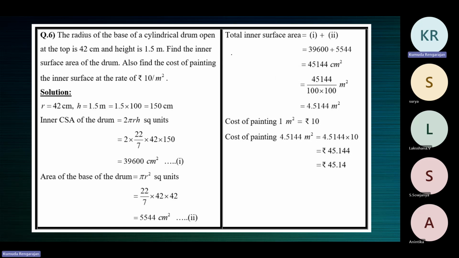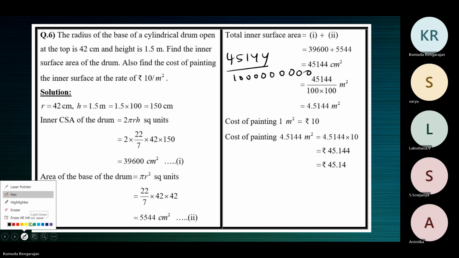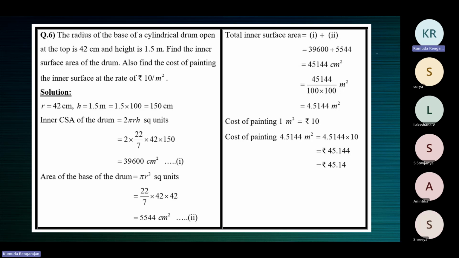Supposing we had to divide by 1000, then for square units, add 3 zeros, and for cubic units, add 3 more zeros. Okay, so I've converted centimeter square to meter square, and this is what I got. Now 1 meter square is 10 rupees, so that many meter square will be 4.5144 into 10.